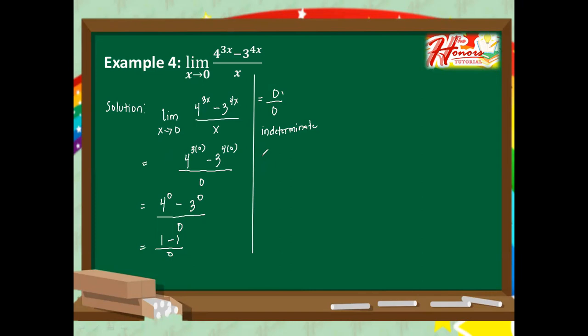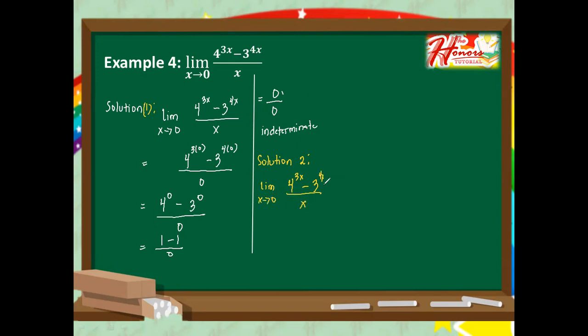This is solution 2. This is solution 1. For solution 2, we have here the limit of 4 raised to 3x minus 3 raised to 4x over x as x approaches 0.